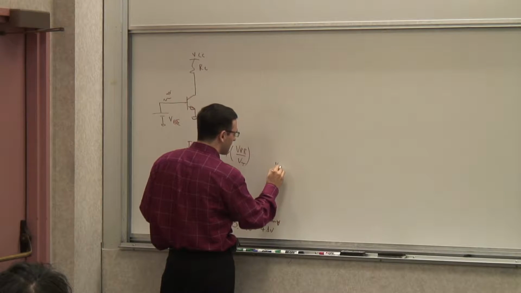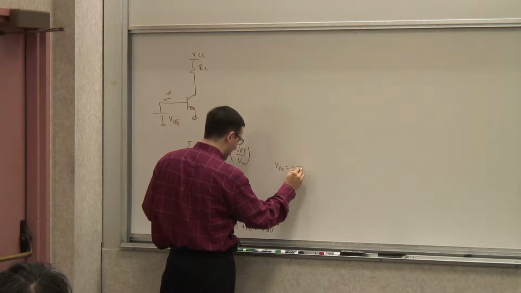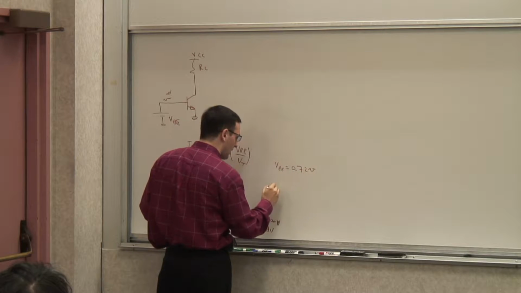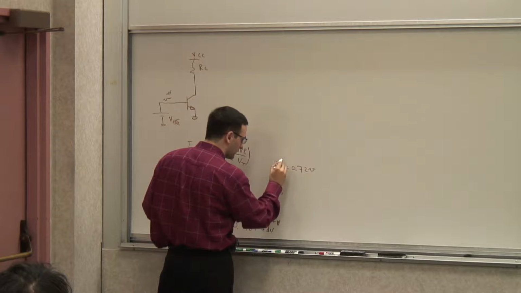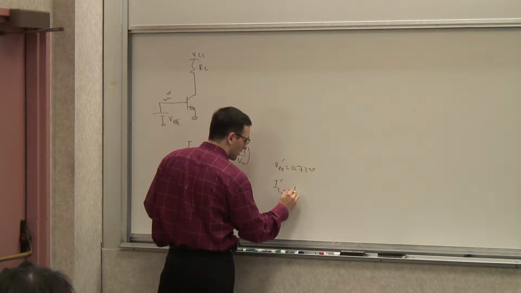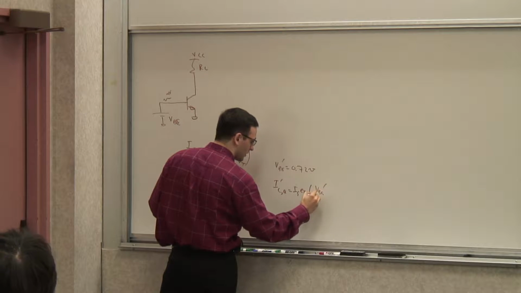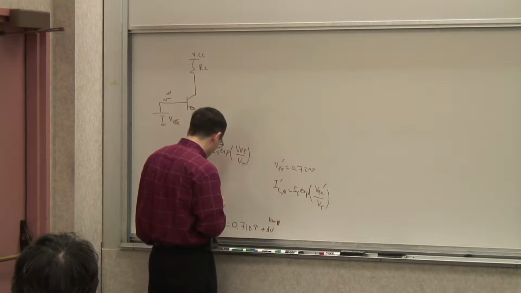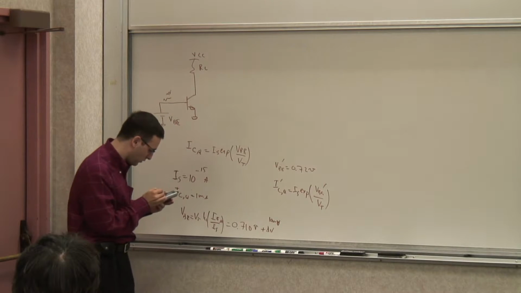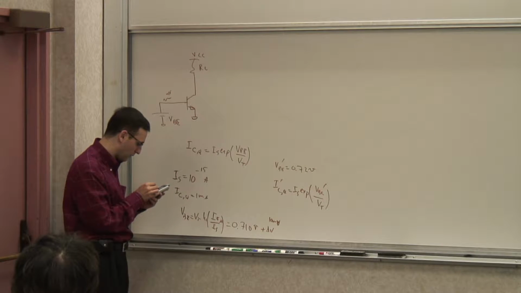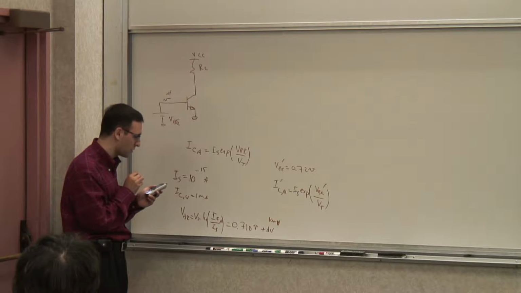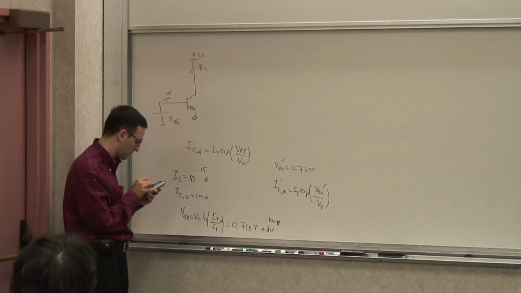So if my VBE really is 0.72 volts, I want to see what my new ICQ would be for the same set of parameters. Right? So let's try that. It's 0.72 divided by 25.8 millivolts, and e to that times 1e minus 15.